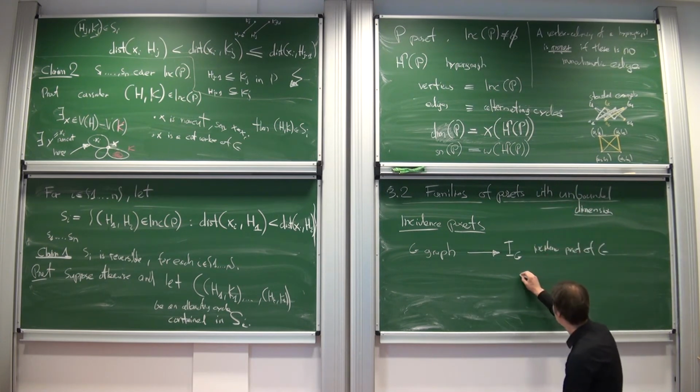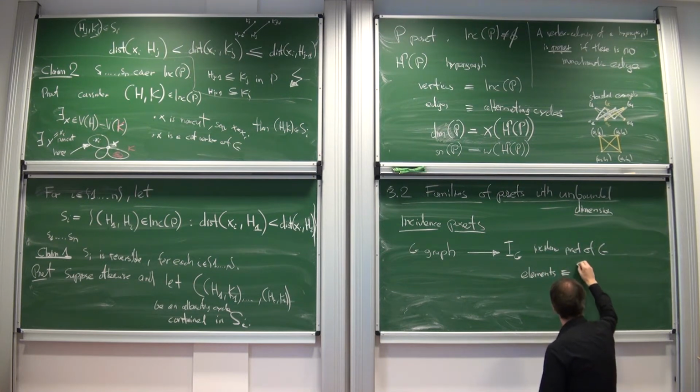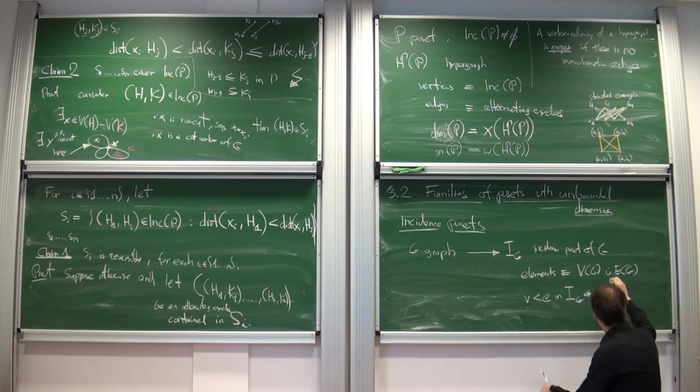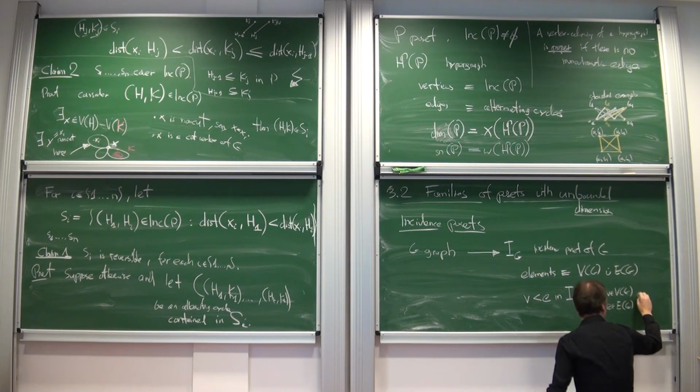The elements of our poset are vertices of G and edges of G. And now V is less than E in our poset I(G) if and only if V is a vertex, E is an edge, and V is incident to E in G, right?